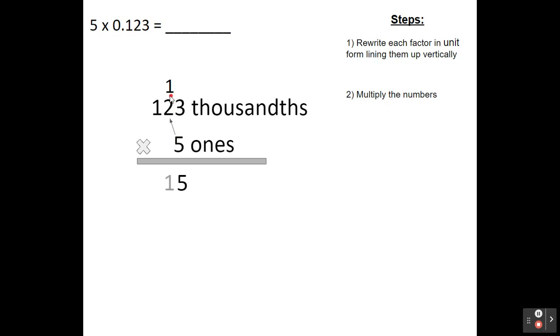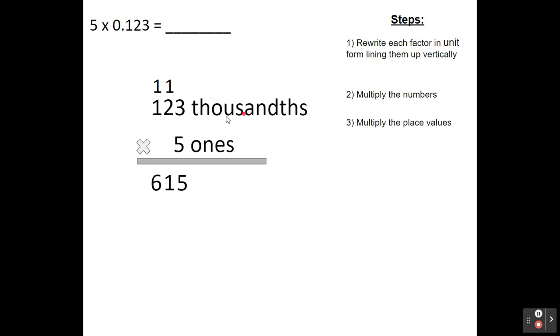So we'll place the 1 at the bottom and regroup the other 1 to the next place value. Finally, let's multiply 5 times 1 and then add the 1 that we regrouped. 5 times 1 is 5, plus the 1 we regrouped is 6. So here we have 615, and now we're going to multiply the place values.